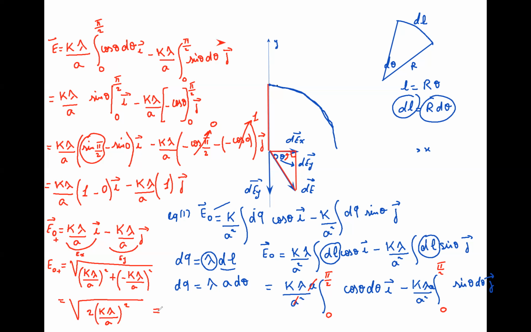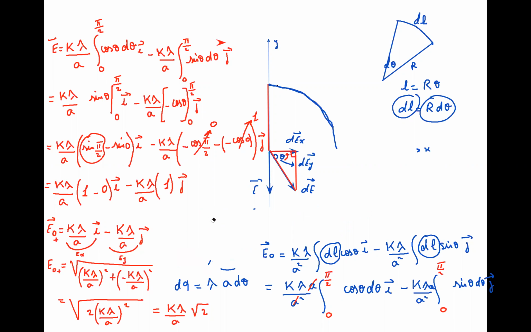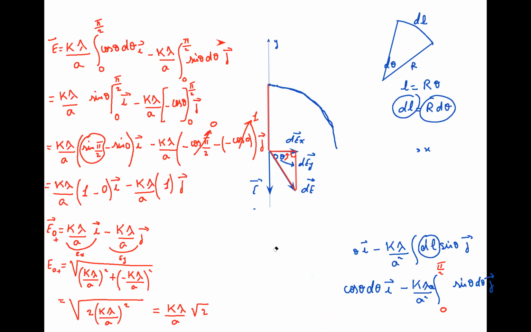So it's equal to k lambda divided by a radical 2. So finally, E, the positive part, equals k lambda divided by a radical 2.